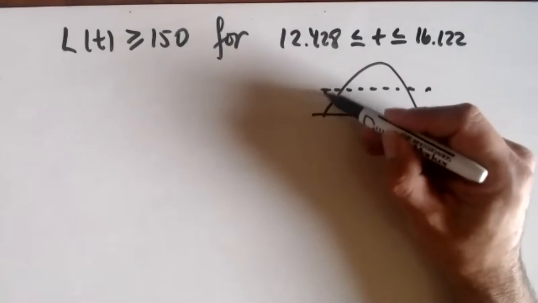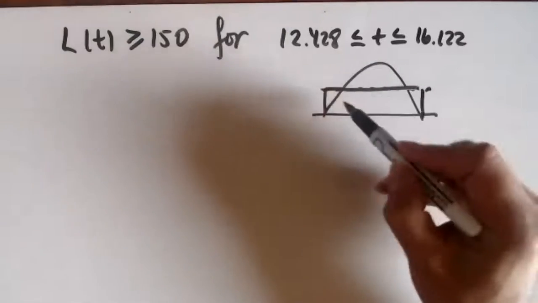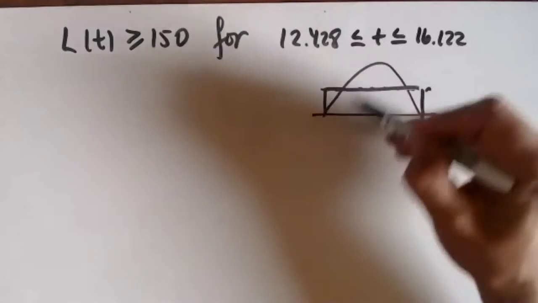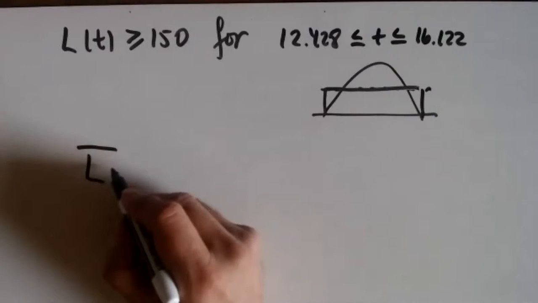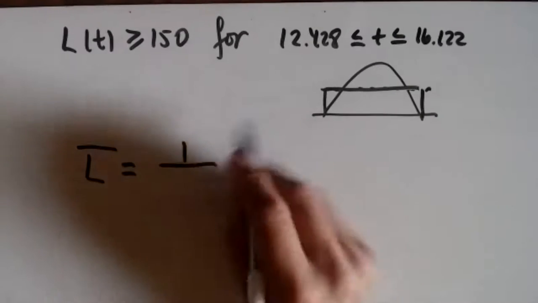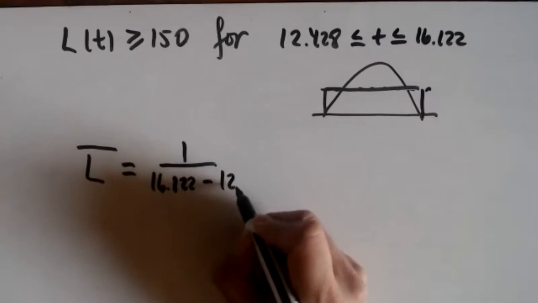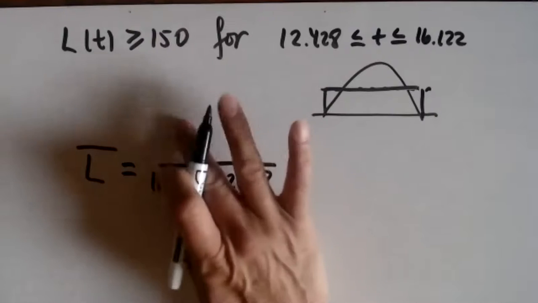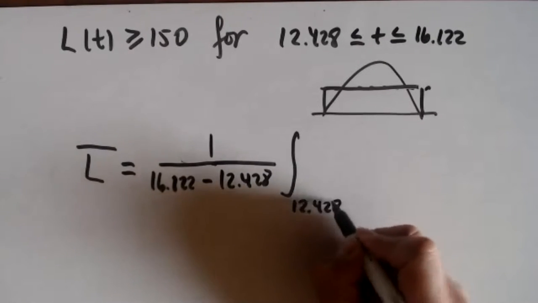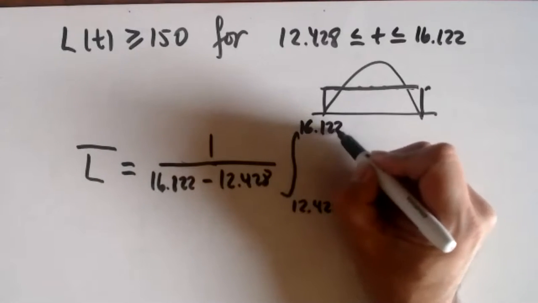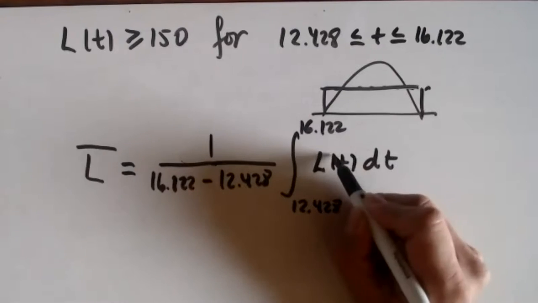So you have the rectangle whose height gives me the same area as the parabola, or this curve. So how do you do that? Average value is 1 over the difference of these two, 16.122 minus 12.428, times the integral from 12.428 to 16.122 of L(t) dt.